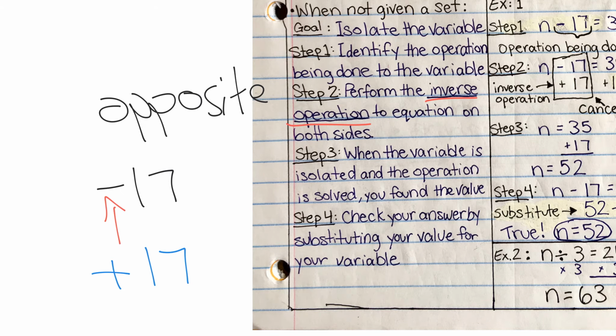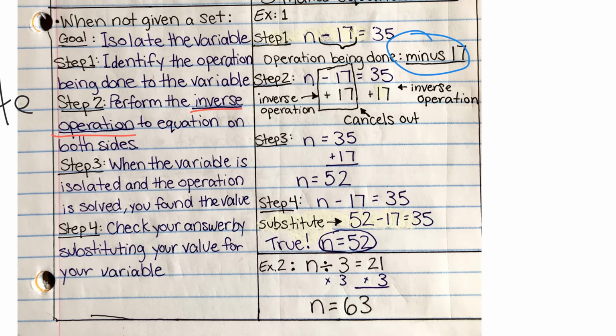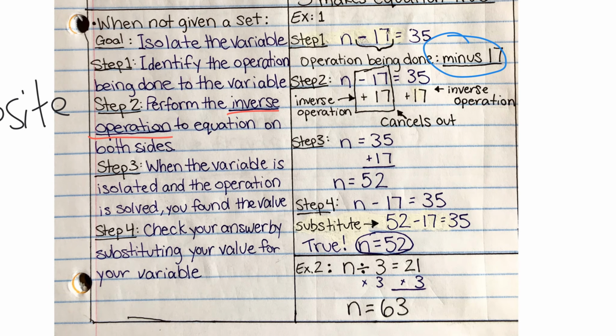So plus 17. Okay? So over here, what we're going to do is perform the inverse operation. Step 2. N minus 17 equals 35, but we are going to perform the inverse operation, which is plus 17. And here's the kicker. We've got to do it on both sides.